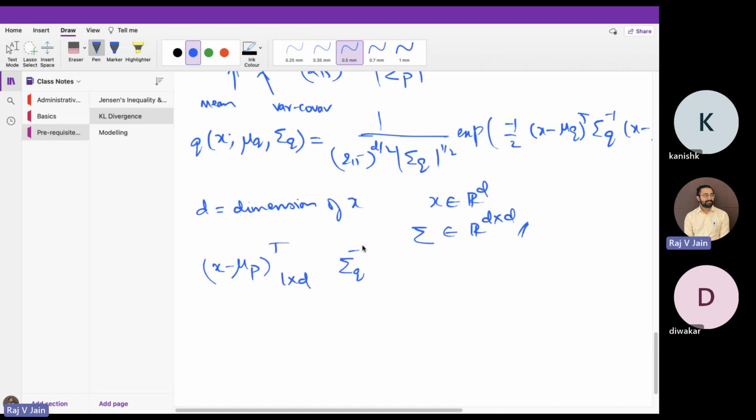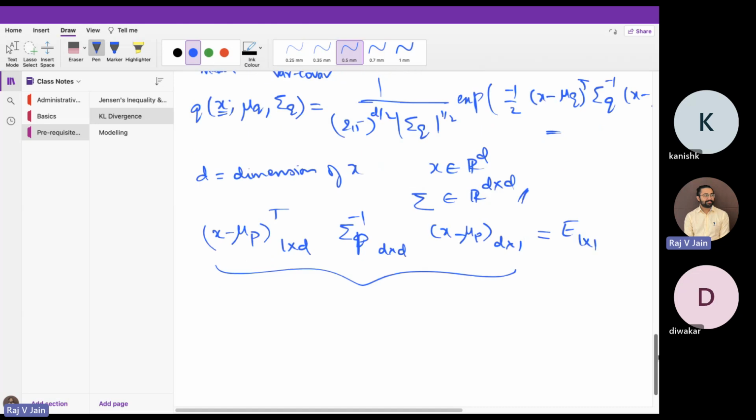Sigma p inverse is a d cross d matrix, and x minus mu p is d cross 1. So this gives you a 1 cross 1 scalar quantity. This is what goes into the exponential, and therefore this is well defined. This is just a function which takes a vector and spits out a real number, such that the integral of this q over the space R^d is going to be 1, right?